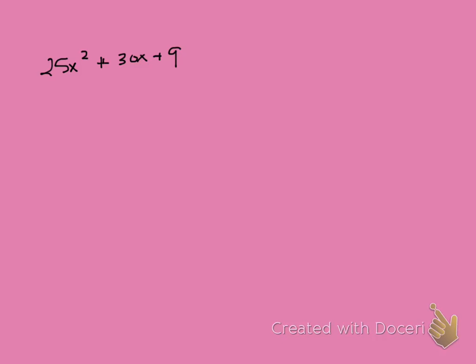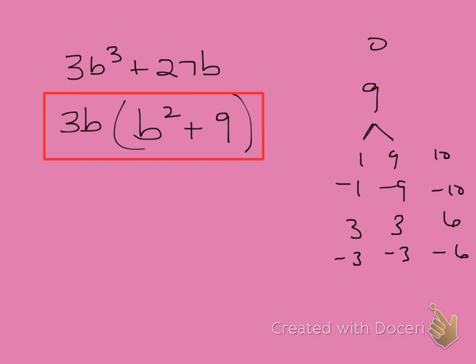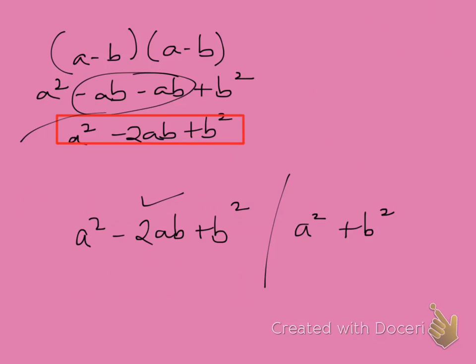Okay, what's our A value? 25. Our B value? 3. Okay, so if we're going to go to A value, well look, let's go back. Again, you've got to memorize this right here, look.